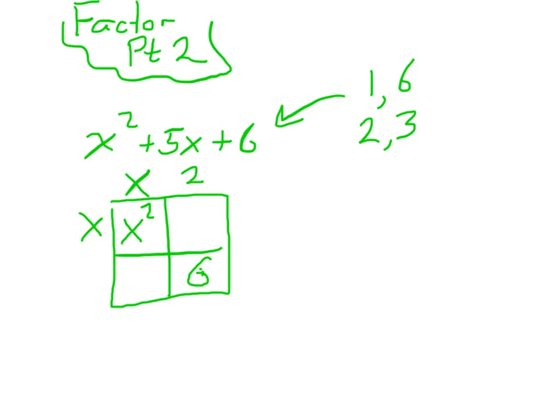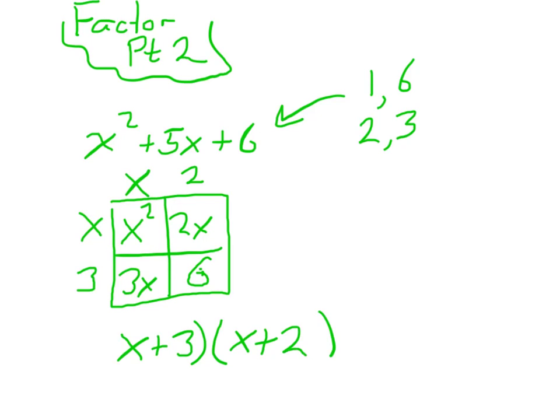You want to put a 2 here and a 3 there, so when we multiply that, we get a 2x, and when we multiply this here, we get a 3x. So of course, this here will give you that 5, and you're all set. So the factors are x plus 3 times x plus 2.